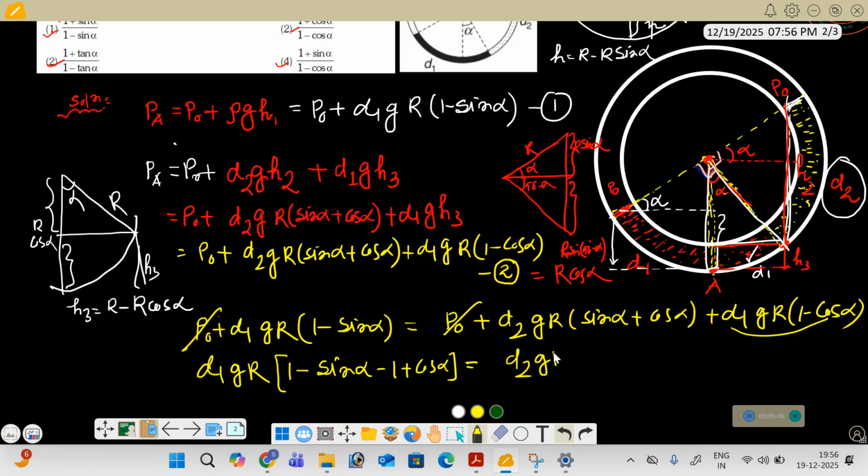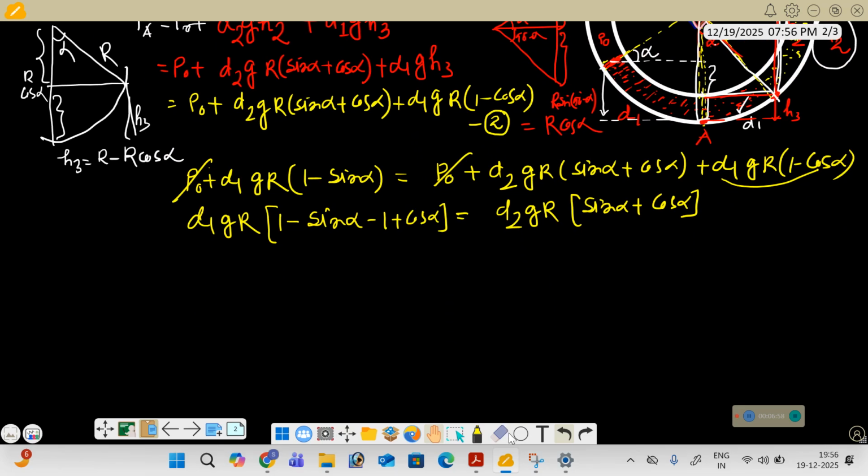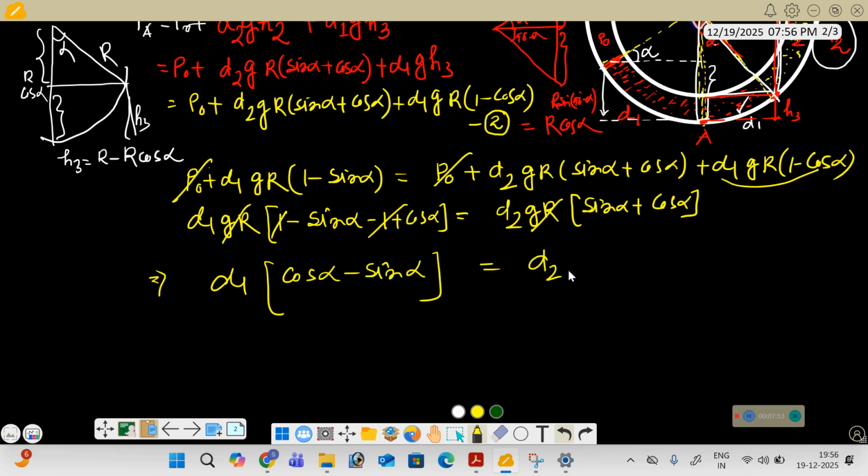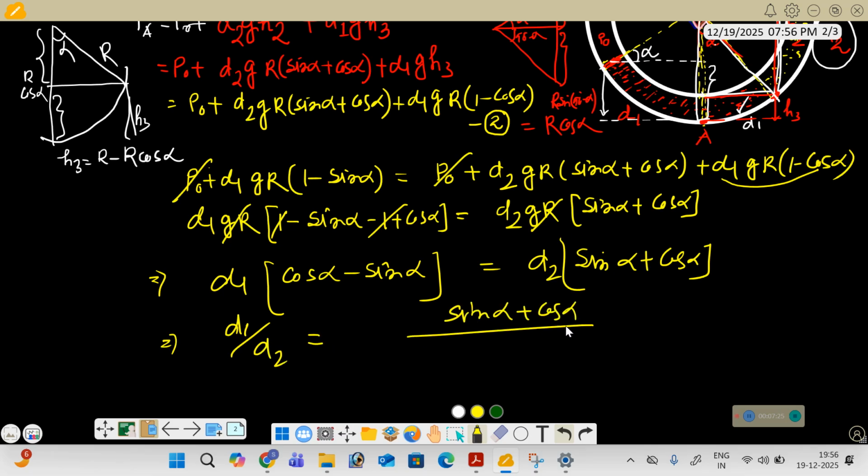So we are left with d2 g R into sin alpha plus cos alpha. This implies d1 g R cancelled, cos alpha minus sin alpha is equal to d2 into sin alpha plus cos alpha.